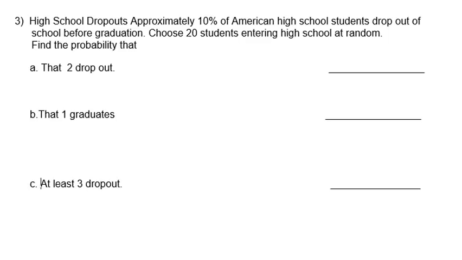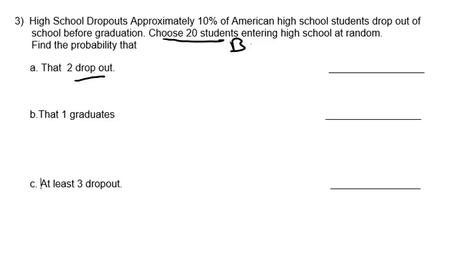So, we are looking at the probability of so many things having a particular property. Either they drop out or they don't drop out. We did a sample. We took 20 students. We're asking how many. All of these things suggest a binomial distribution, which this is.